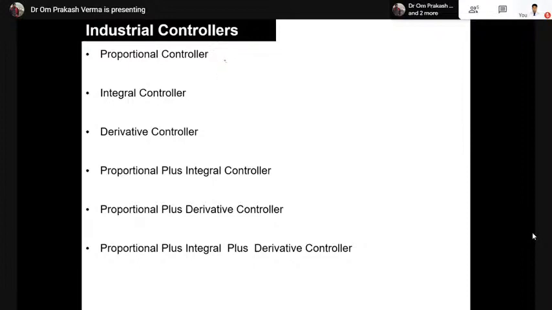So: proportional controller, integral controller, derivative controller, proportional plus integral controller. The short name of the first is P, then I, then D, then PI, then PD, the proportional plus derivative controller, and then the proportional plus integral plus derivative controller, PID.